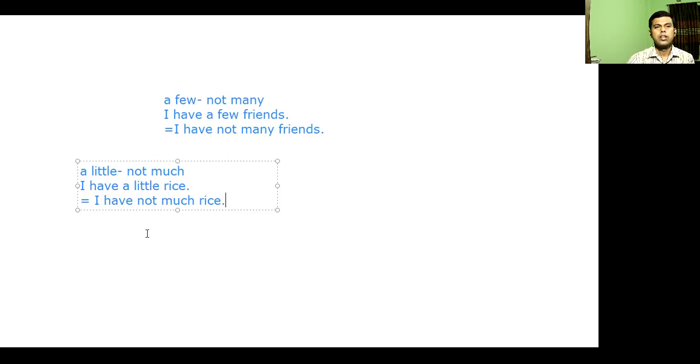Then, if there is "much" in an affirmative sentence, then this "much" will be replaced with "not a little." This is opposite to our previous rule. Here it was "a little" replaced with "not much."